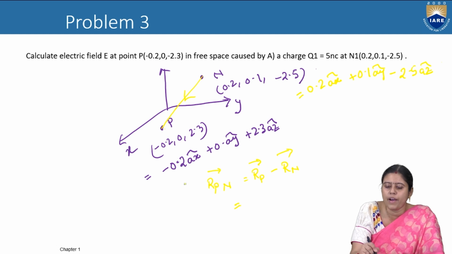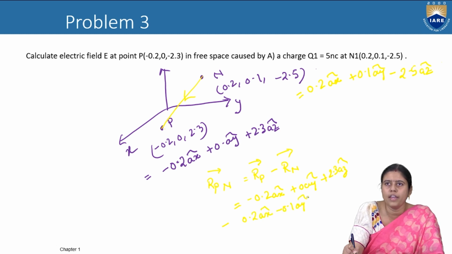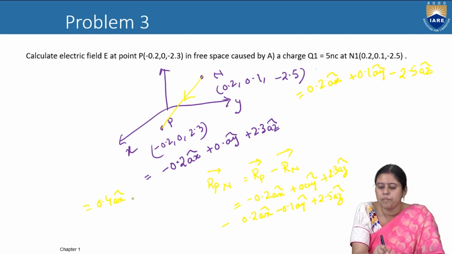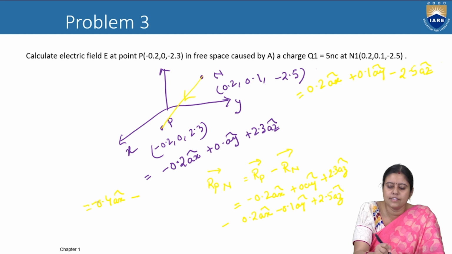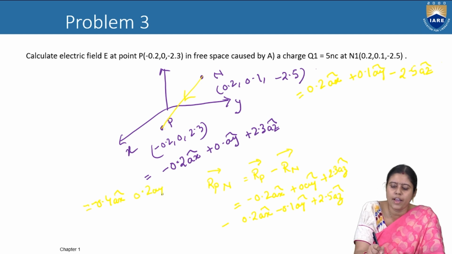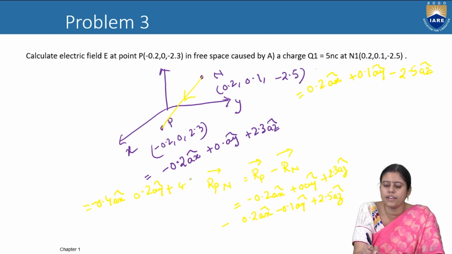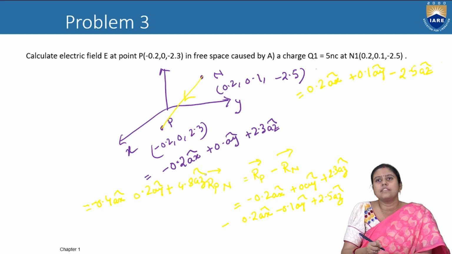End point is minus 0.2 AX plus 0 AY plus 2.3 AZ minus 0.2 AX minus 0.1 AY plus 2.5 AZ. So if we solve it, we will get 0.4 AX minus 0.2 AY plus 4.8 AZ.